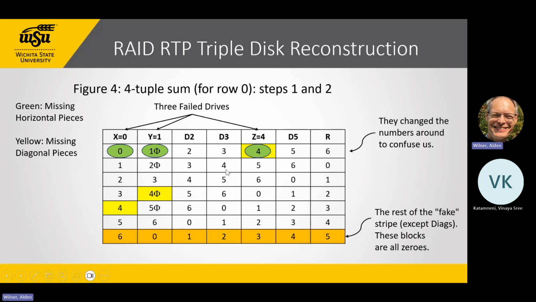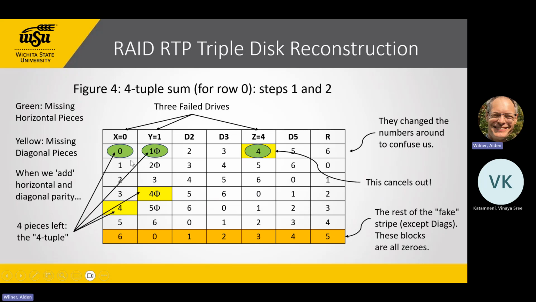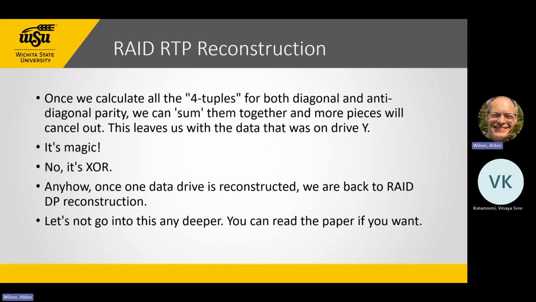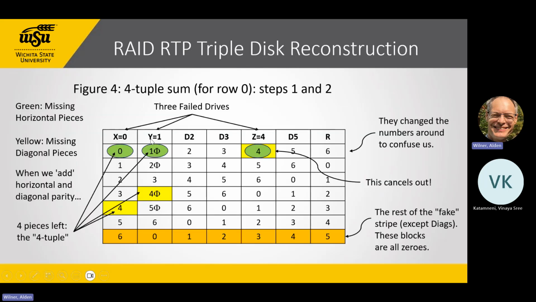These are the missing pieces in the diagonal, things we cannot fix. When we add the horizontal and diagonal parity, we see that we have only 4 pieces left. That one cancels out, so we make that piece disappear. And we calculate these 4 tuples for the diagonal and the anti-diagonal parity. Then we can use magic, or XOR, to sum them together. And that leaves us with the data that was on this drive.